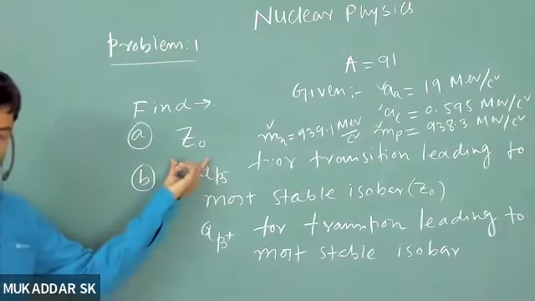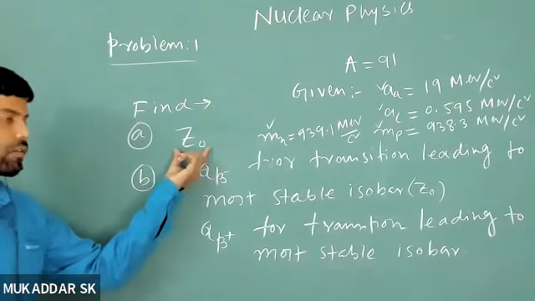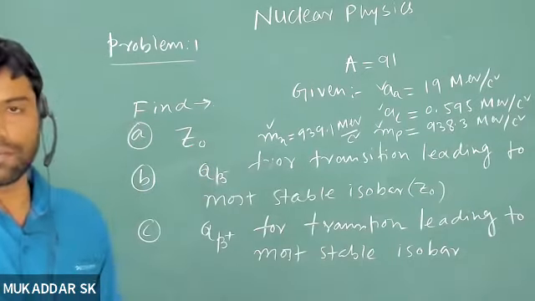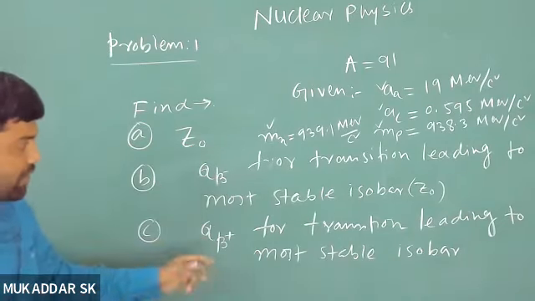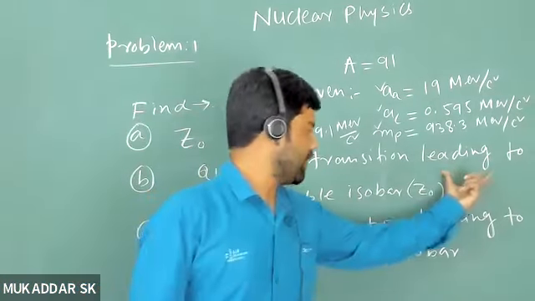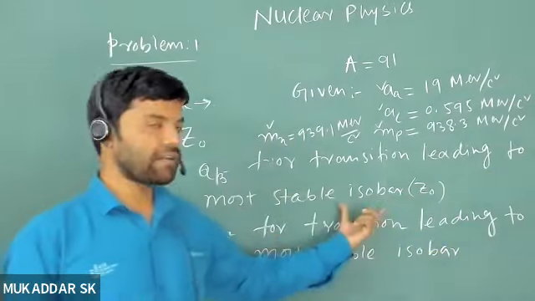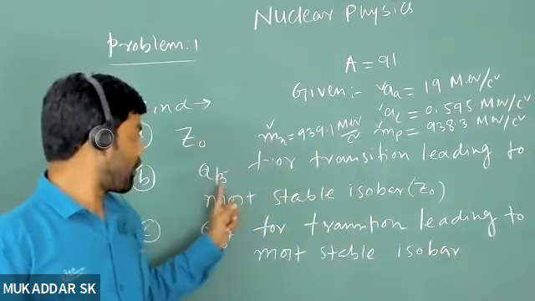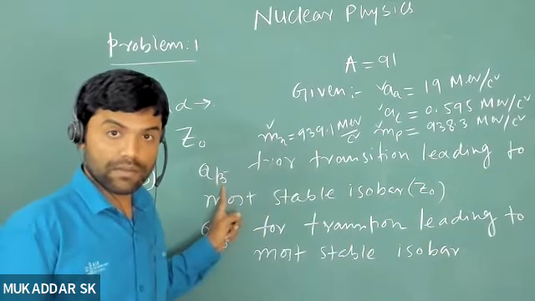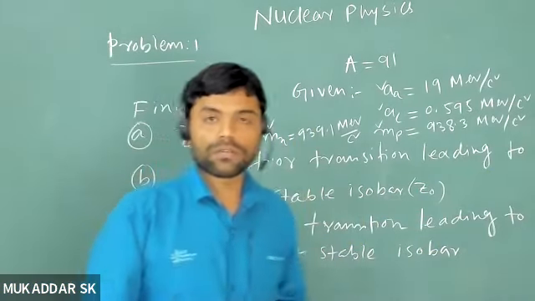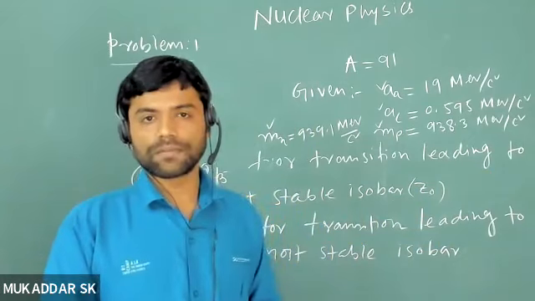That can easily be done, right? Because Z naught we know is minus beta by twice gamma. Now doing this problem, please try to understand this, leading to the most stable isobar. If I talk about part B, there's a beta minus decay leading to the most stable isobar. What is the meaning of this?